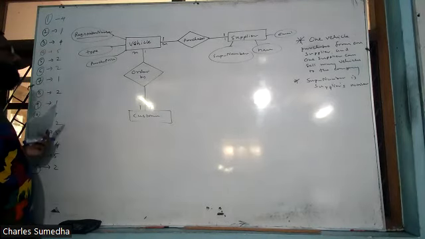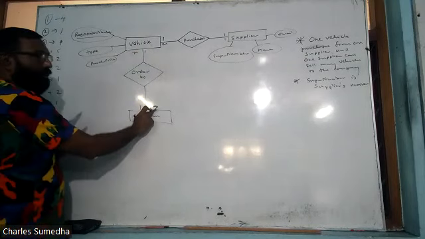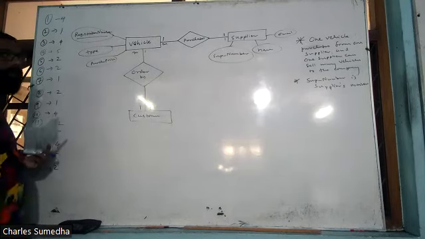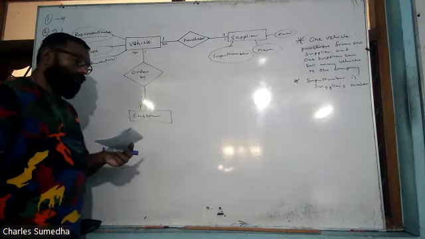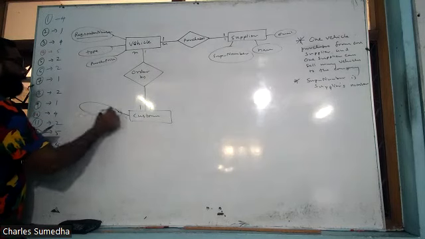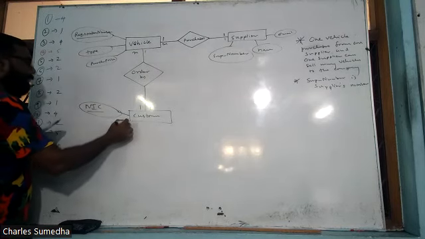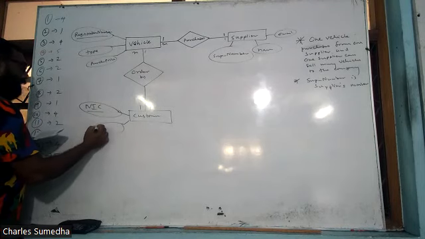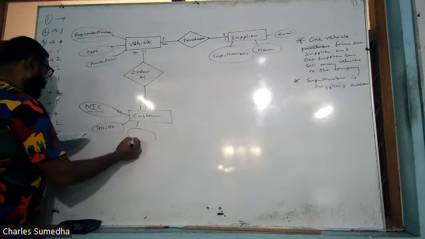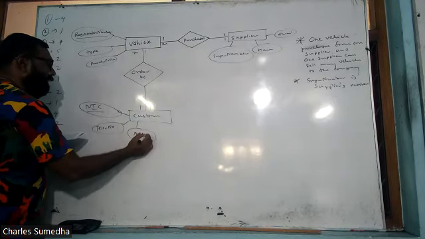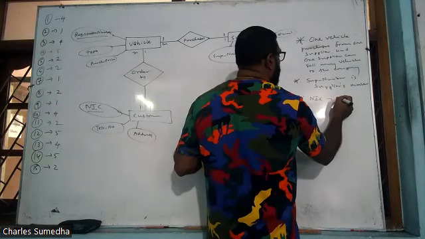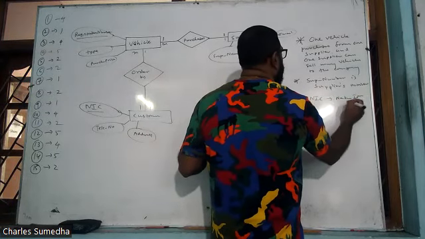The customer is identified by the NIC, the national identity card number. Then they have given the telephone number and the address.